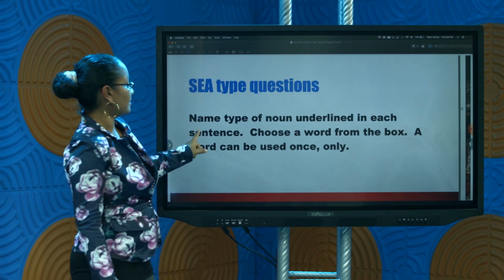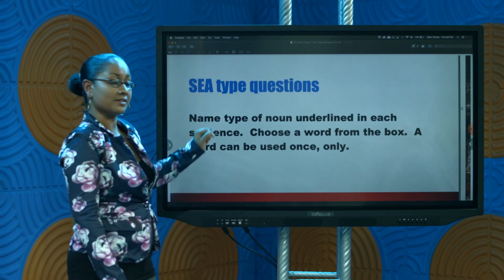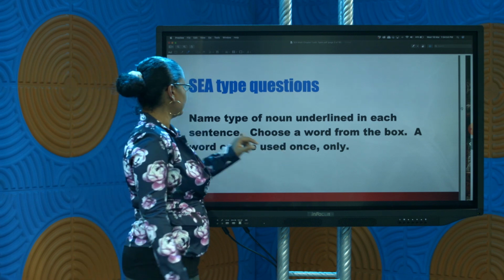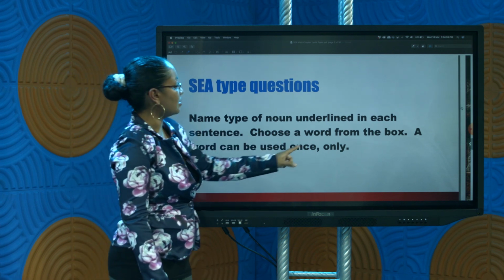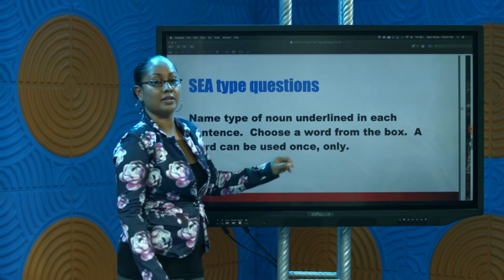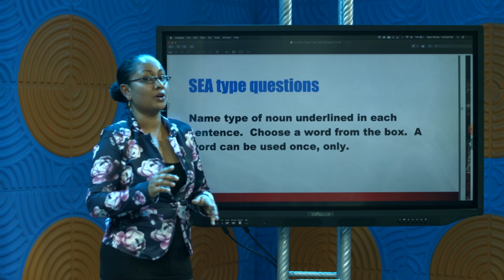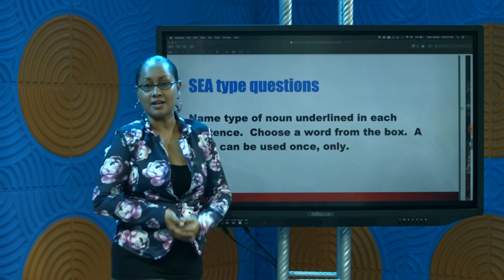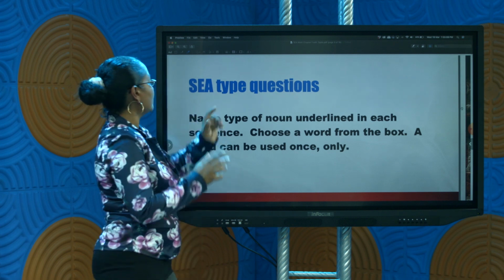Let's look at the task in our grammar section based on the nouns. Name the type of noun underlined in each sentence. Choose a word from the box. A word can be used only once. Therefore, your child must review that video so that their understanding of nouns will be sound. So let's go on.